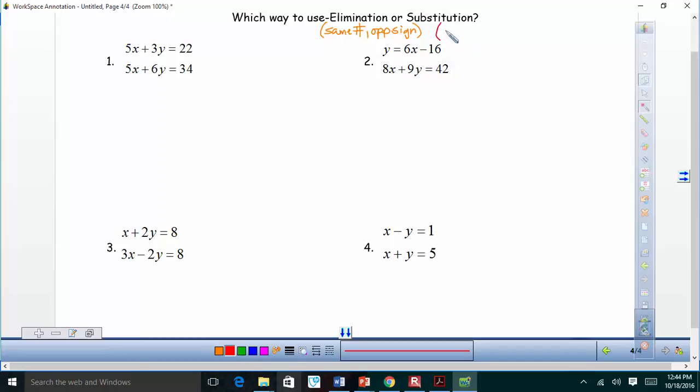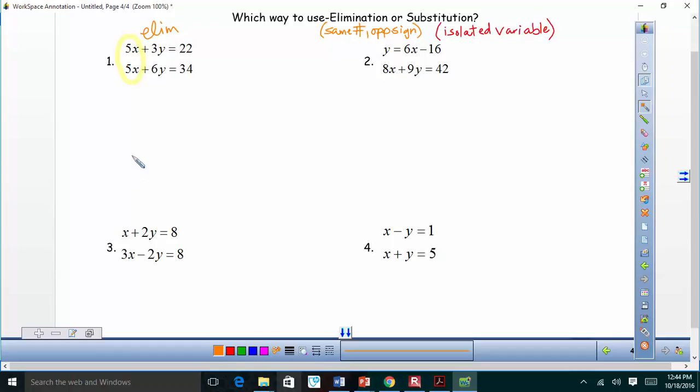So isolated variable or variable by itself. Okay, this is going to tell you which one makes it easier to solve. So in number 1, because my x's are lined up, my y's are lined up, my numbers are lined up, and I see that I have two 5s, one of them just isn't the opposite sign, we should conclude that it would be easiest to use elimination on this.